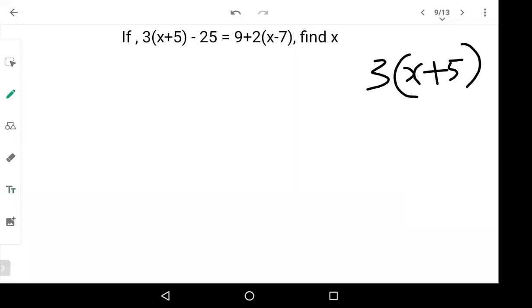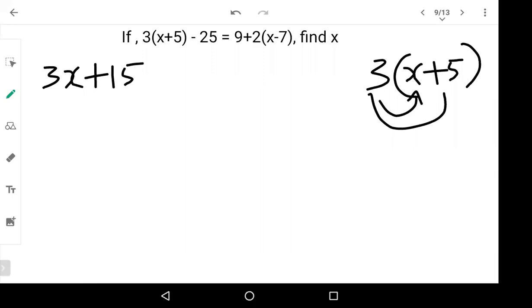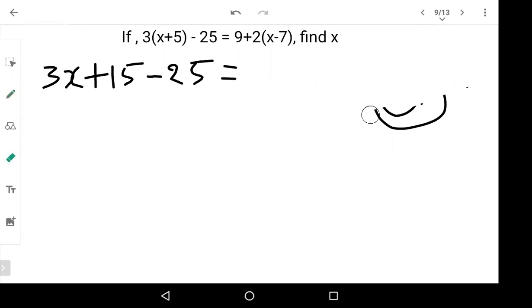Okay, so 3 into x is 3x. 3 into 5 is 3 fives are 15. And then minus 25 will remain as it is. And then let us go to the next expression.